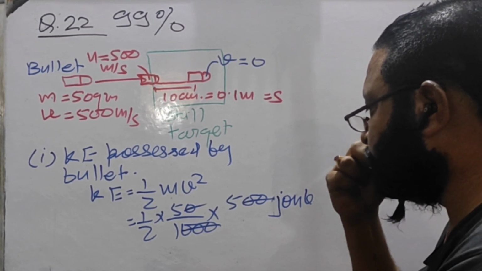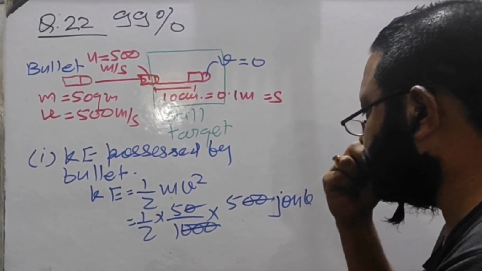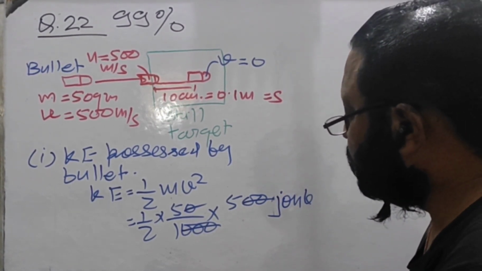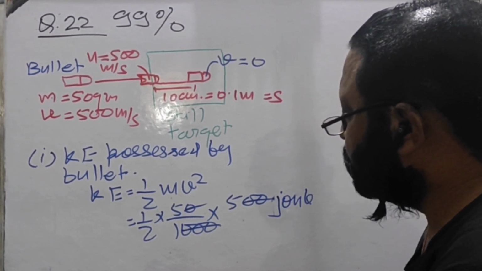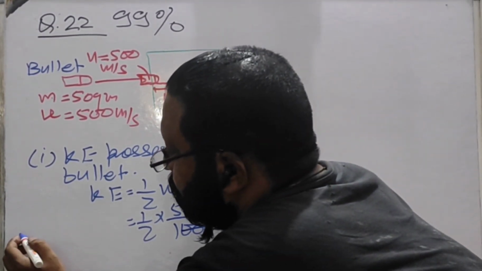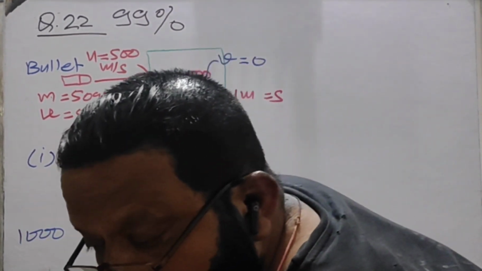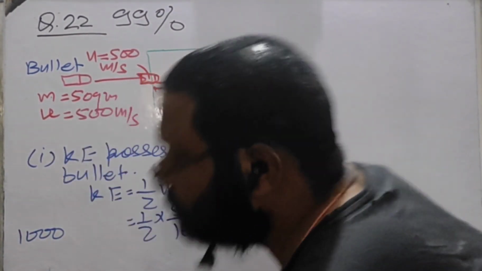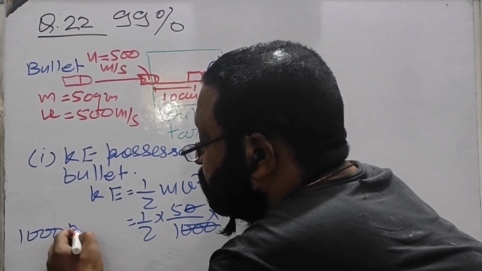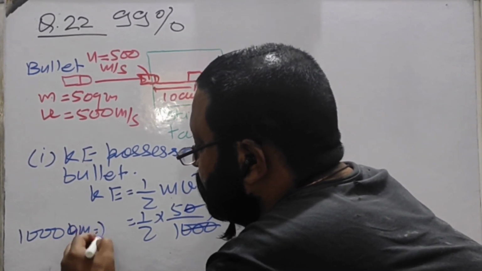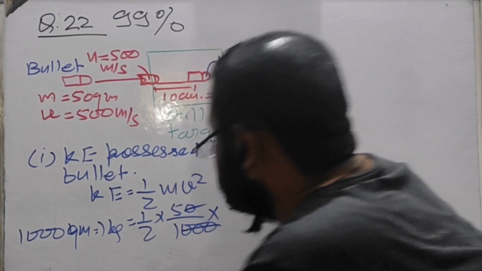Moving with a velocity of 50 meter per second. 1000 gram is equal to 1 kg.